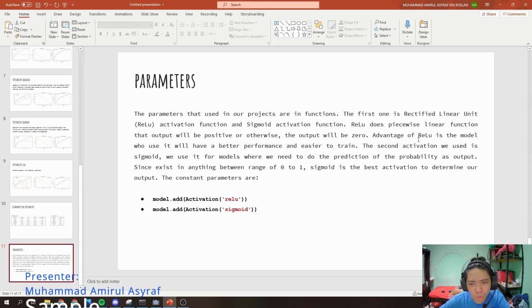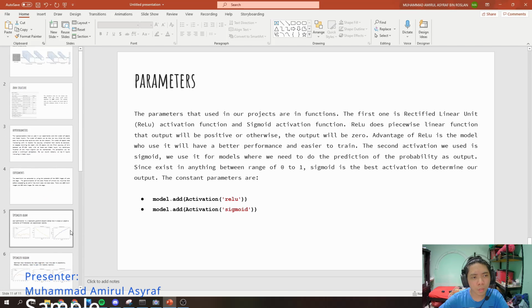The reason why we use ReLU is that the model has better performance and is easy to train, whereas the sigmoid we use for a model where we need to predict a probability as output. So the sigmoid is for the classification of the output. Sigmoid outputs anything in the range of 0 to 1. Sigmoid is the best activation to determine our output. So that's it for the CNN structure.